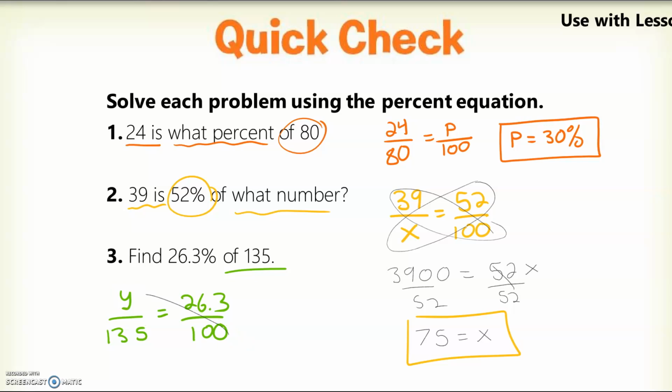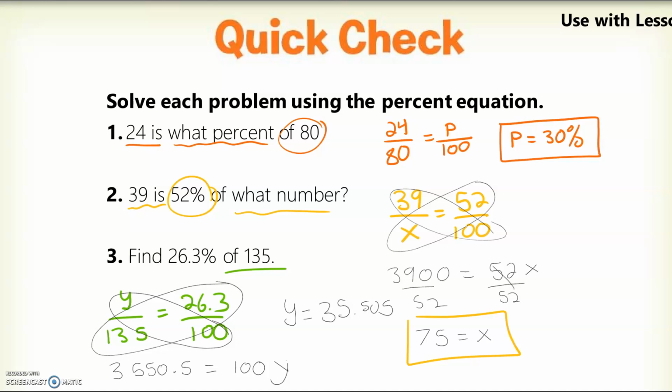So we'll do y times 100 and 26.3 times 135, which gives me, working it out on my calculator, 3,550.5 is equal to 100y. Then we divide by 100 to give us y equaling 35.505. We don't know what to round it to, so we'll just put our full answer this time.